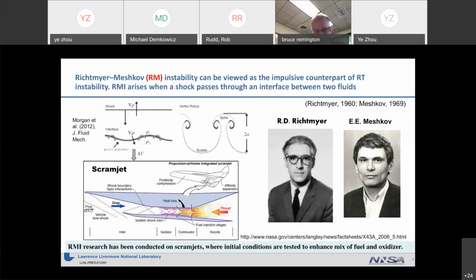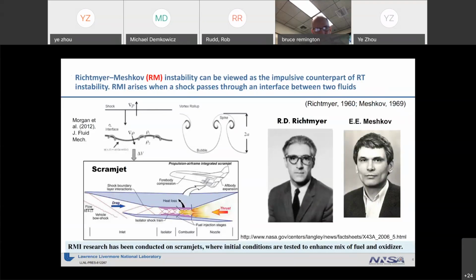Okay, so the Richtmyer-Meshkov instability is the second instability I'm going to talk about. As I already mentioned, RM instability is very close to the Rayleigh-Taylor instability. It can actually be viewed as an impulsive counterpart of the Rayleigh-Taylor instability. So here, let's take a look at the physics.